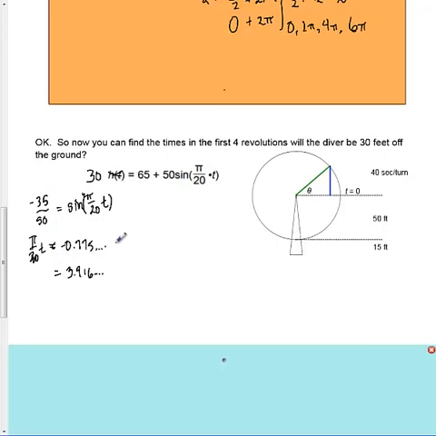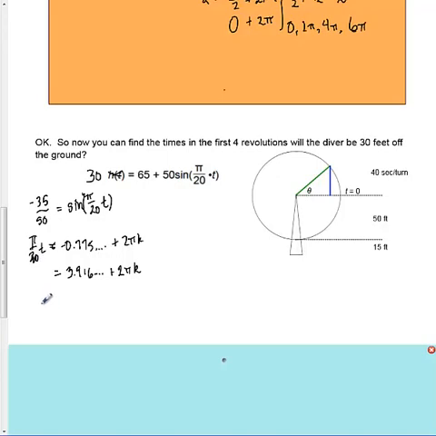And of course, I'm going to have plus 2 pi k for each of those. So I'll put that here. And then I need to multiply both sides by 20 over pi to get the numbers that I want.